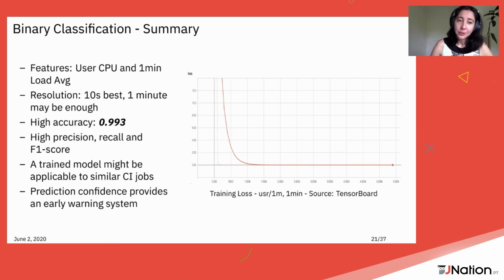And this value might be quite useful, especially for CI operators, because if this prediction confidence starts to degrade, it could be used as an early warning system to flag that something is overloading or starting to fail in the system. So this was a very cool finding from this first set of experiments.